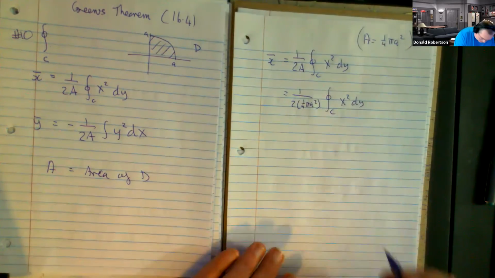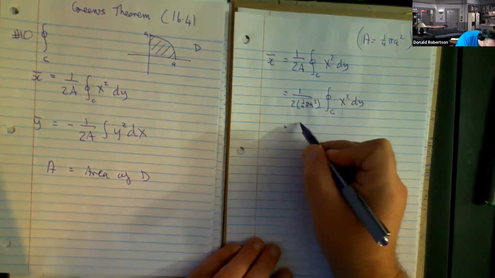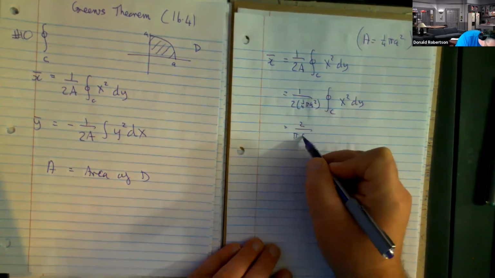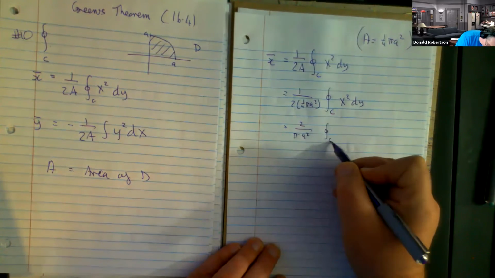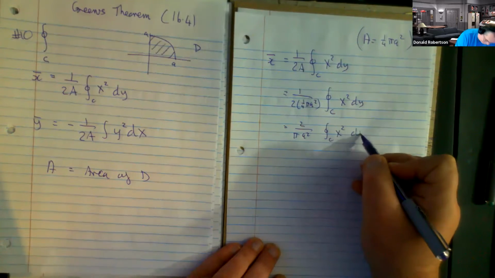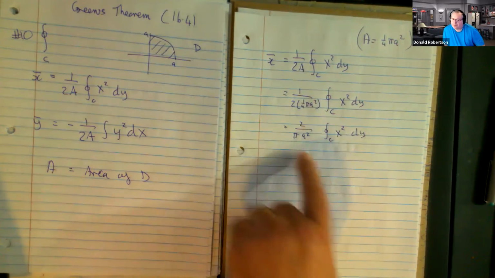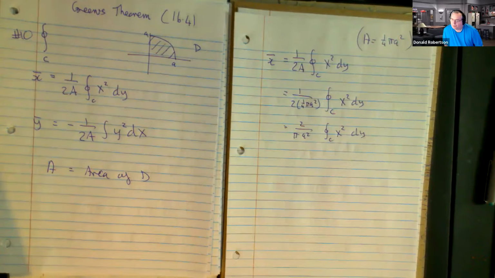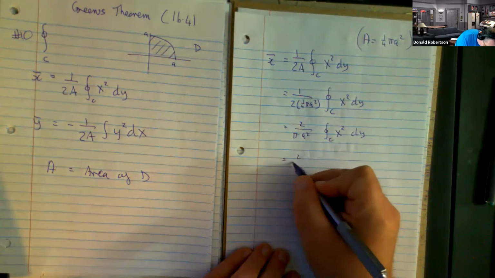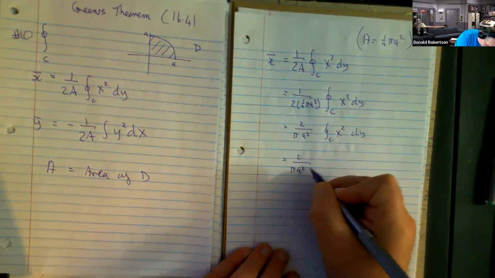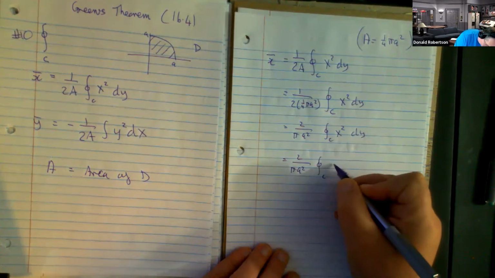And that gets you a half and a half on the bottom. And can you trust me that you get this? The half becomes 2 on the top. We're good? Now, I'm going to rewrite this in a slightly artificial form, but I need to.